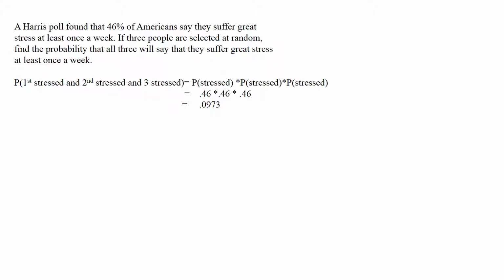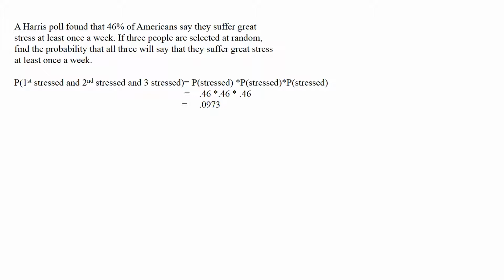The next question asked: a Harris poll found that 46% of Americans say they suffer great stress at least once a week. If 3 people are selected at random, find the probability that all 3 will say they suffer great stress at least once a week. This is an AND question. You use the multiplication rule.